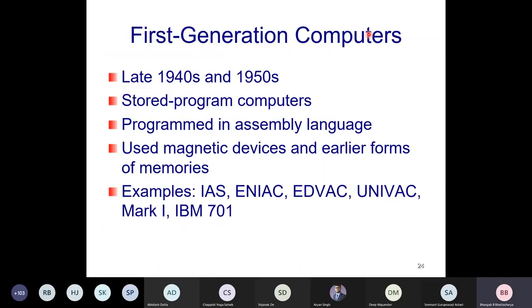To highlight, these are the first generation of computers, in the late 1940s and 50s. The stored program concept had already arrived. That means you can write a program and store it in the memory of the computer, and the computer would execute those instructions from memory, in a sort of general purpose machine. Those computers were programmed in assembly language, because at that time no high-level language was known and no compilers were there.